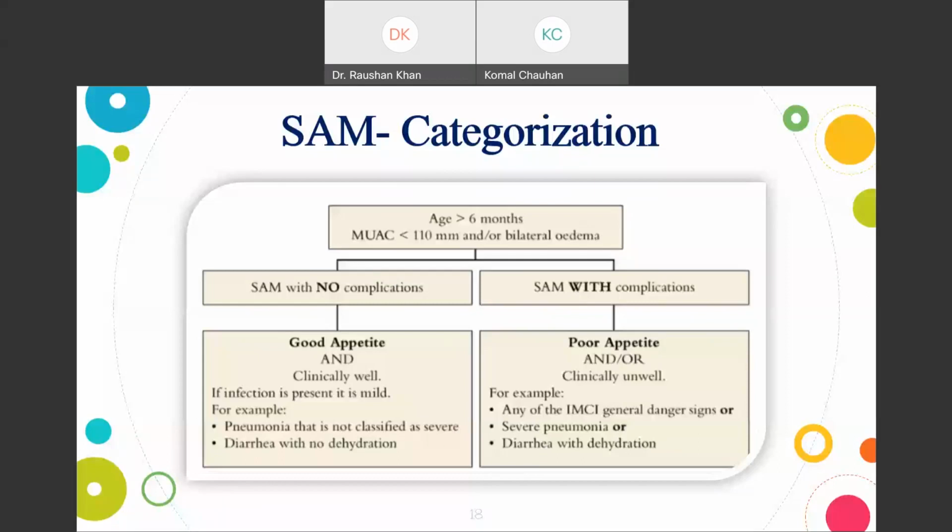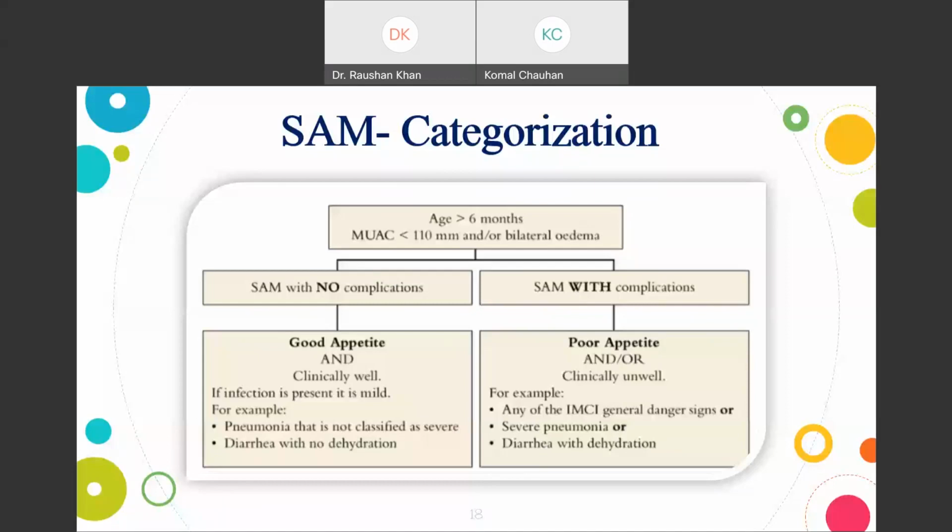In case the child suffering from malnutrition has a poor appetite, then Anganwadi workers or ASHA workers definitely should refer such a child to hospital, because if the child has poor appetite, he or she is not able to feed properly.